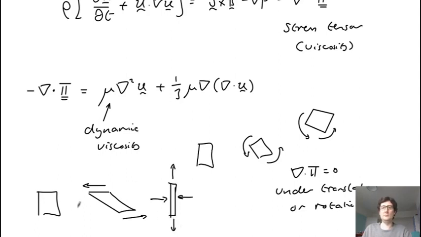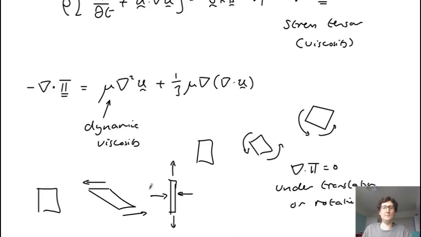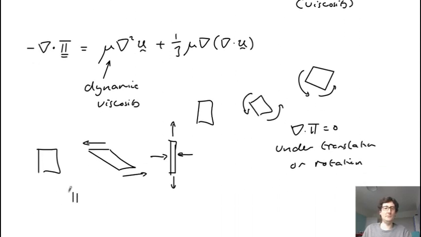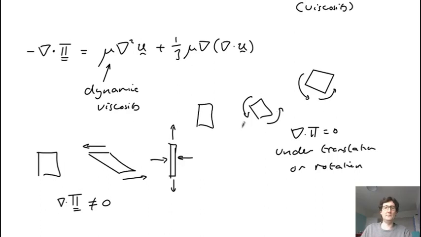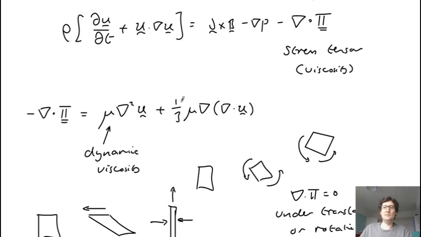So if you're deforming or stretching the fluid element, then you have this divergence of pi. It's not 0 because you've got some kind of stress on the fluid, which is leading to a viscosity. And so adding this term here just ensures that this is true. Of course, if the fluid's incompressible, then this is 0 anyway, and it doesn't matter.